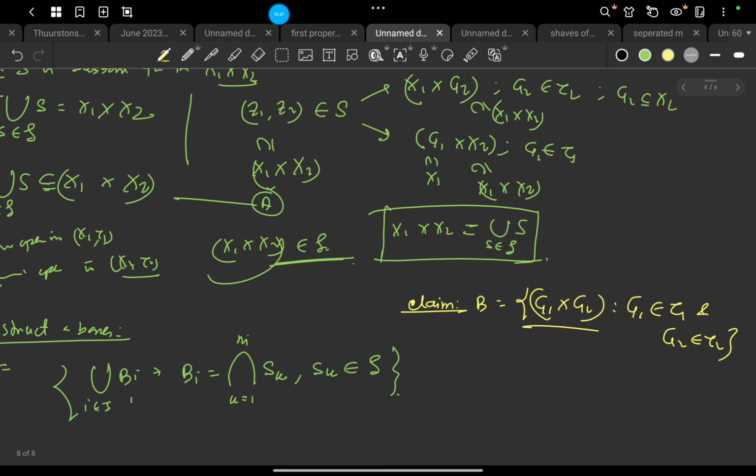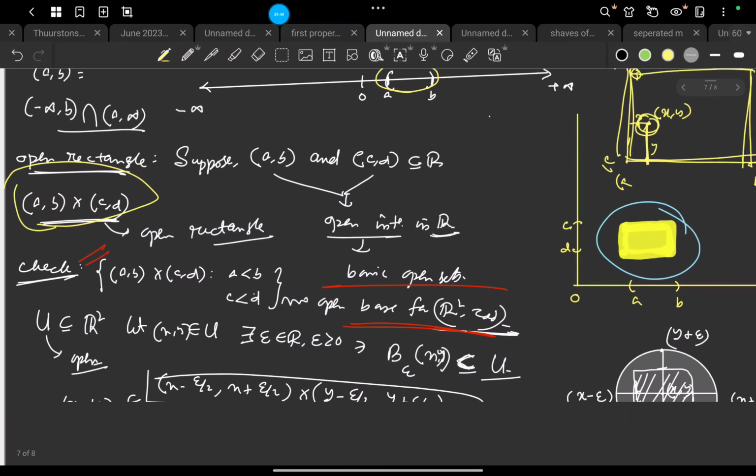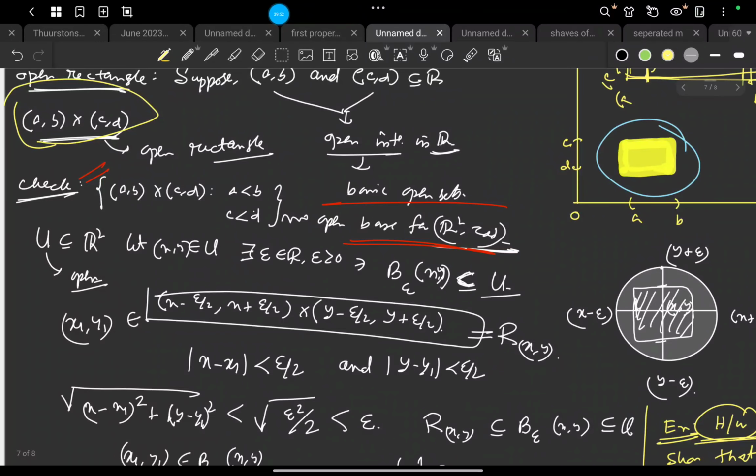You see, this is the same as this kind of construction, where before we considered just the basic open sets, but here I am considering all kinds of open sets.